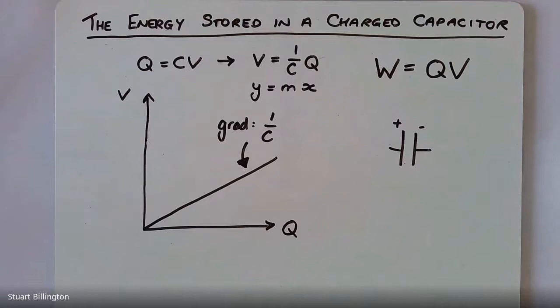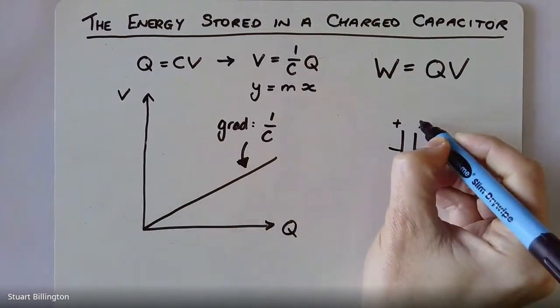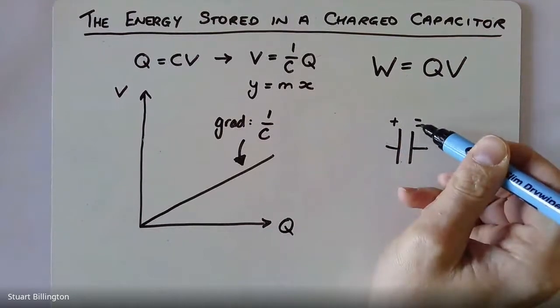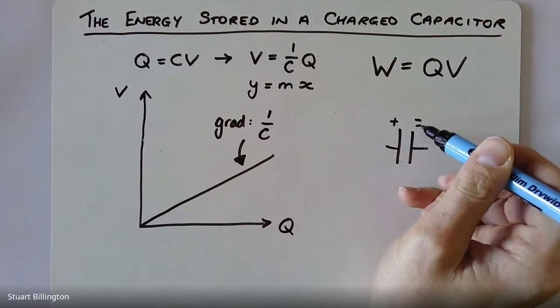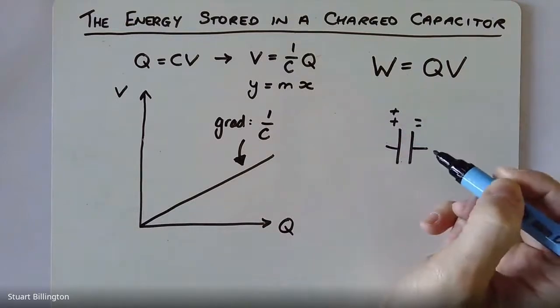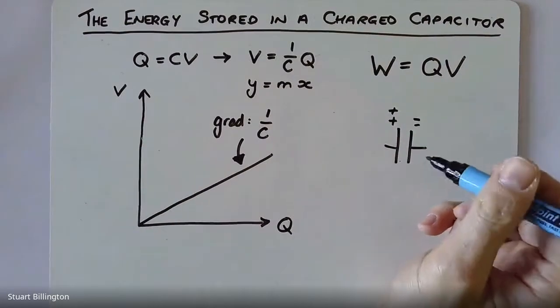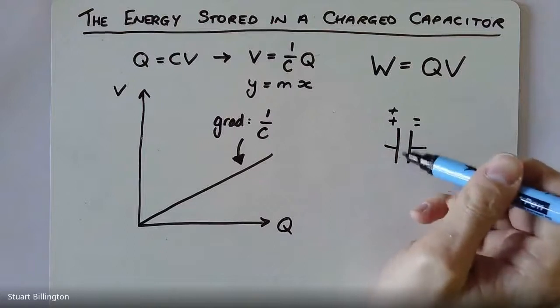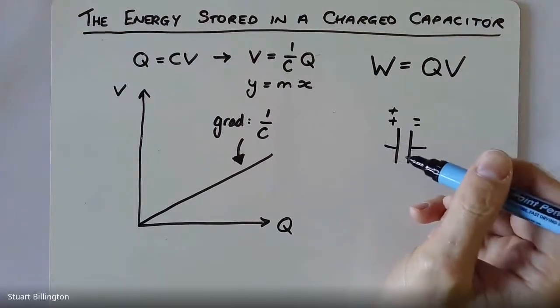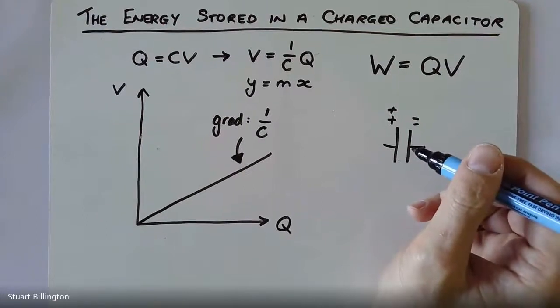But then when we add the second electron, we're now adding an electron to a negative plate, meaning that there was a little bit more repulsion, and we were pulling it from a doubly positive other plate. So it just took a little bit of extra work to move the second electron compared to the work it took to move the first electron.